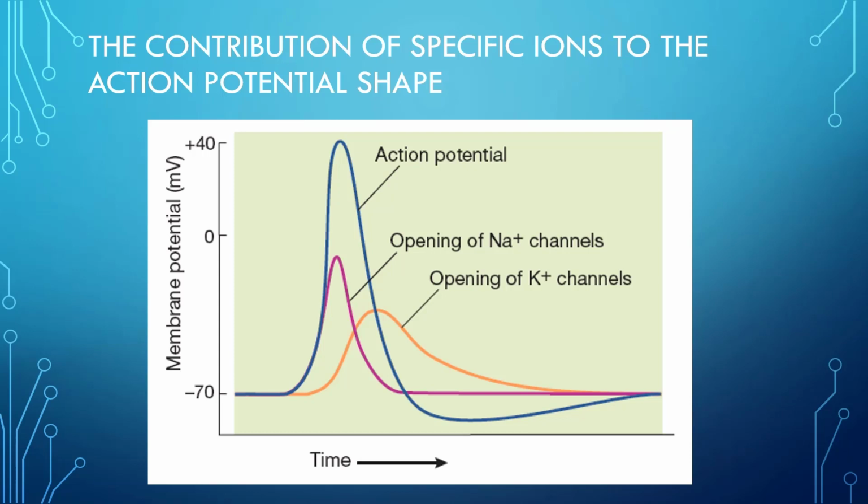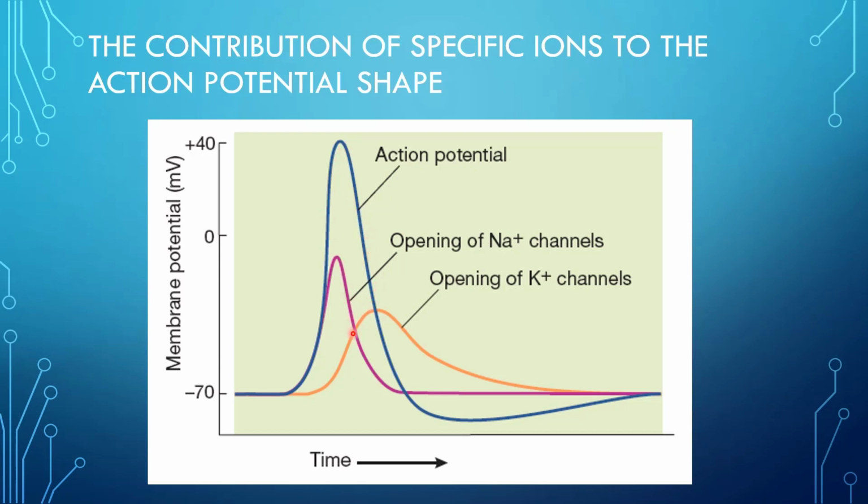A diagram that I think is really helpful is this breakdown here. What this really does is it tells you what's happening in terms of time, and it allows you to break down the contributions of these two really important ions, sodium and potassium, and what they're doing. So you can see that sodium channels open early and they combine with this rising phase for the potassium channels in order to create the peak of the action potential.